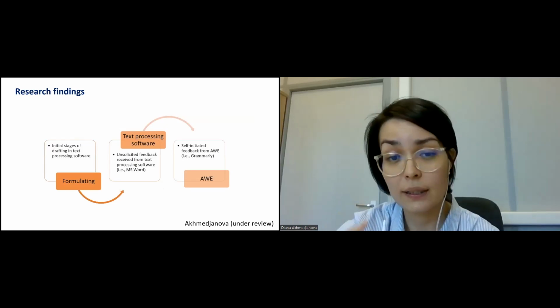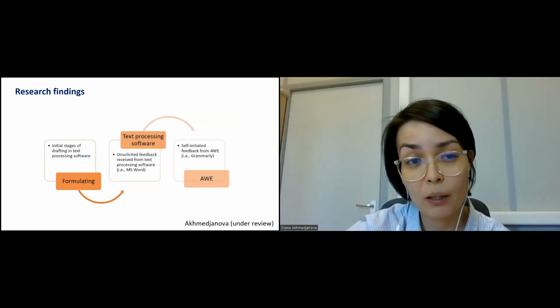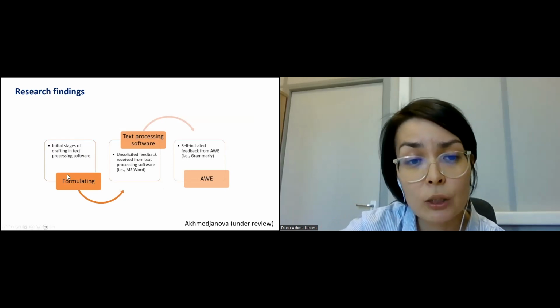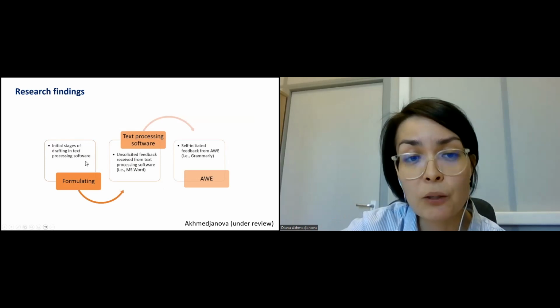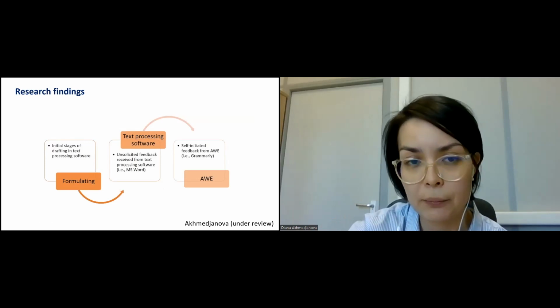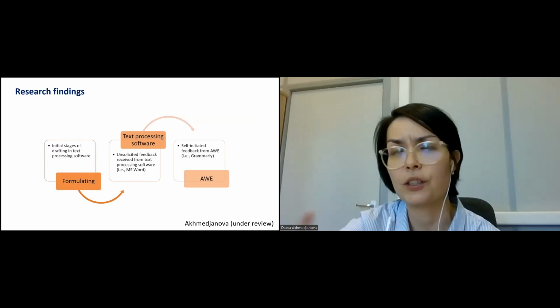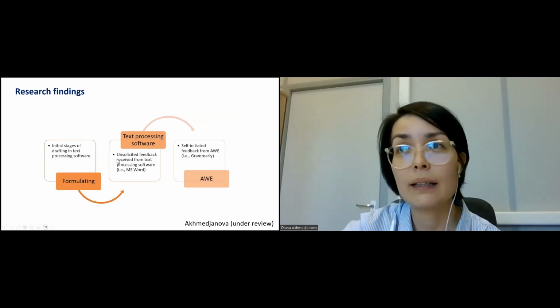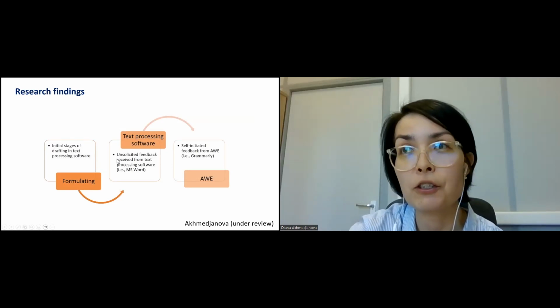Like all of us, I assume that we also do that. Students used text processing software for the formulating stage or drafting their papers, right? While they were just generating some ideas. And while they were writing, they received this feedback from technology from MS Word.